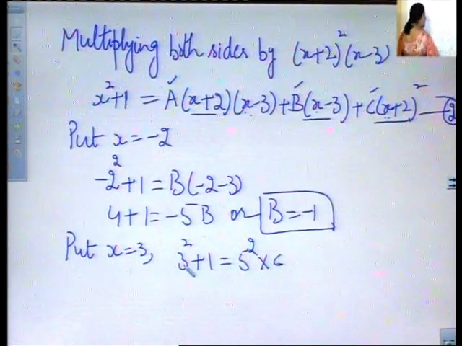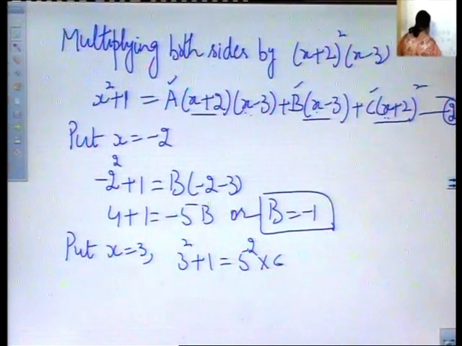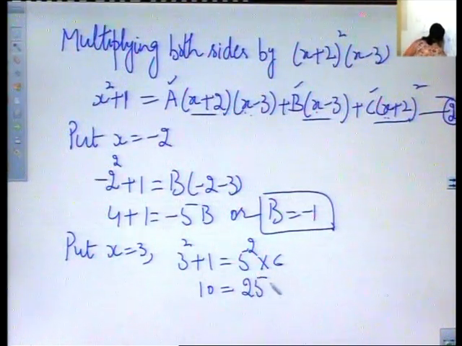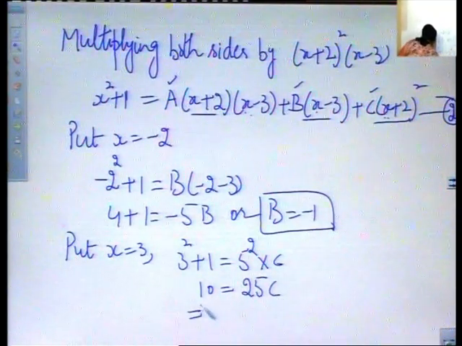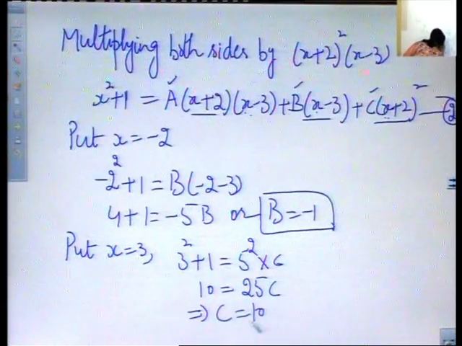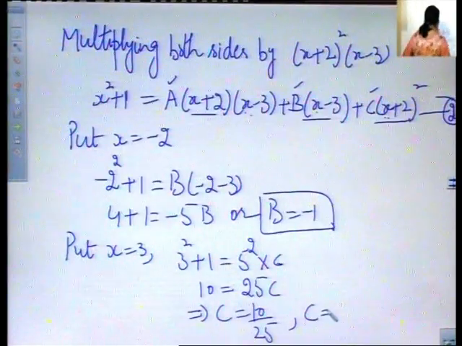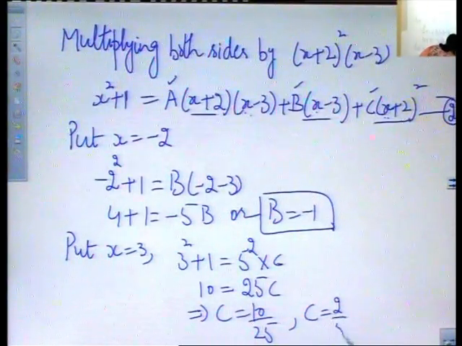Now, 3 square is 9, 9 plus 1 is 10, which is equal to 5 square, 25c. We get the value of c as 10 over 25, or we can write the value of c as 2 over 5.